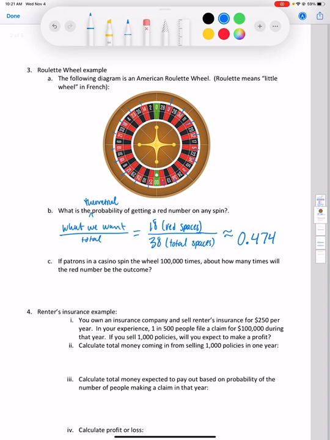If patrons in a casino spin the wheel 100,000 times, about how many times will it land on red? We just take our probability and multiply it by 100,000. So we take 0.474 times 100,000, and we get 47,400.